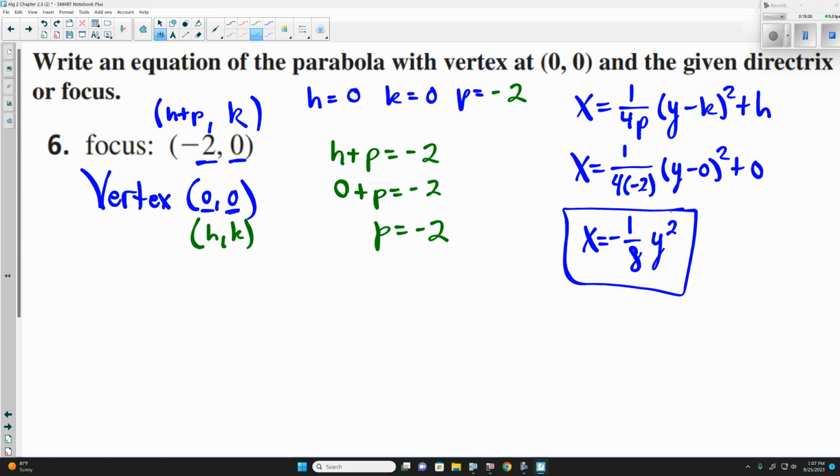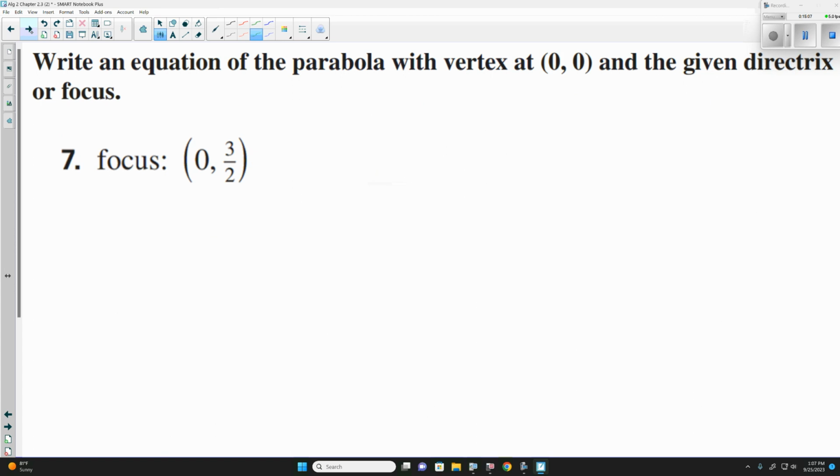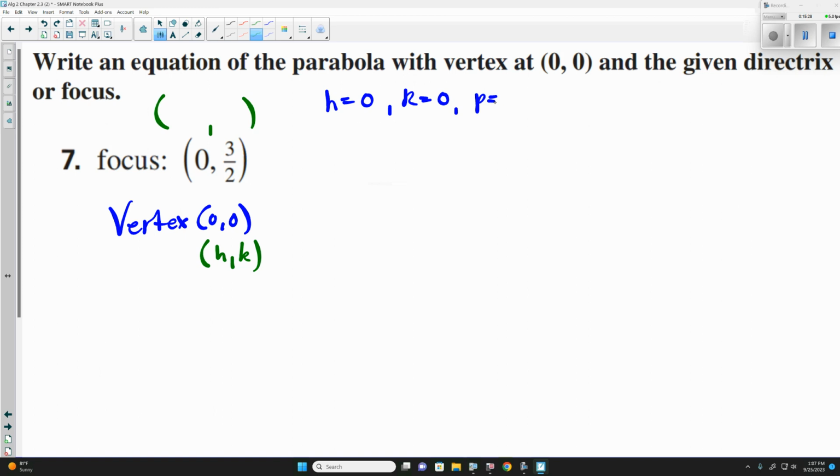Hopefully you notice with any of these, really once we find the values of h, k, and p, it flows and follows pretty simply from there. Well, h is still 0. k is still 0. We just need to find the value of p.